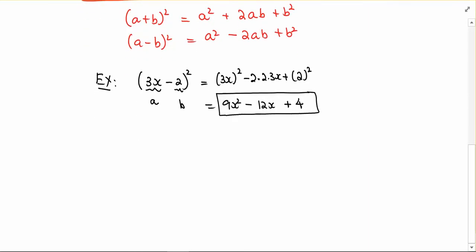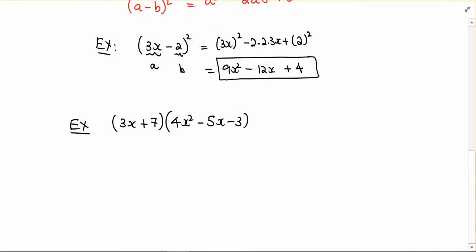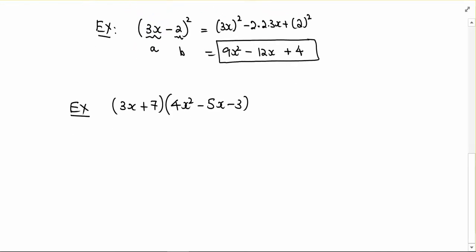So in general, multiplying any two polynomials, you're just going to distribute. So example, let's say we had to multiply 3x plus 7 times 4x squared minus 5x minus 3. We can do this with distribution, or we could do this with the table. Either one works.